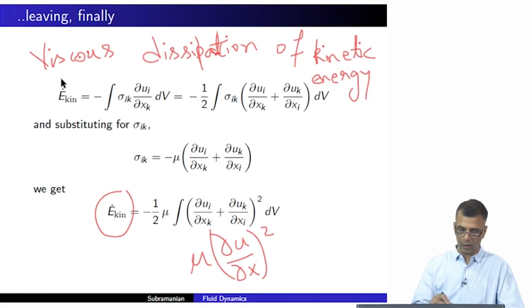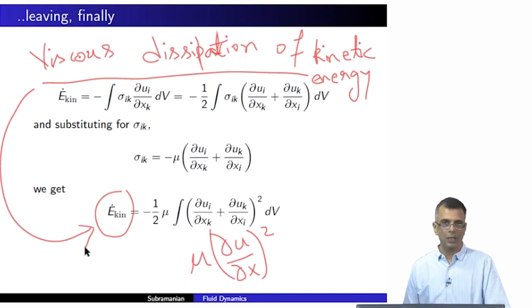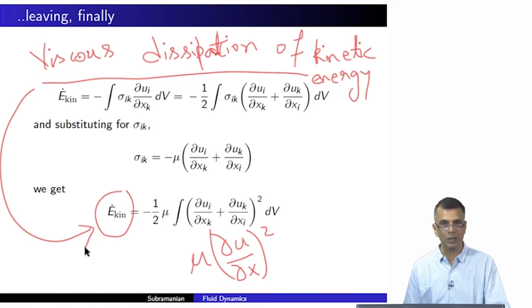This whole thing. Okay, so there you have it. This is how the energy equation is modified in the presence of viscosity. And we're done with this section of the course, and we'll proceed to other topics from now on.